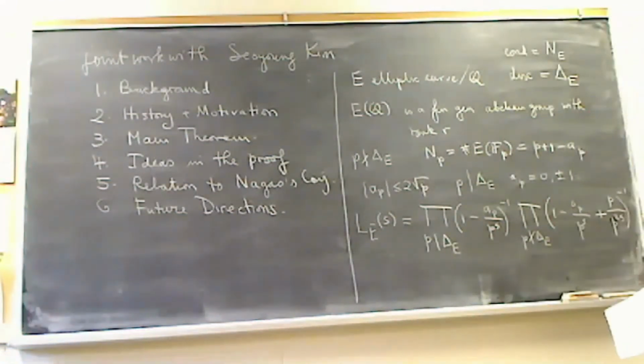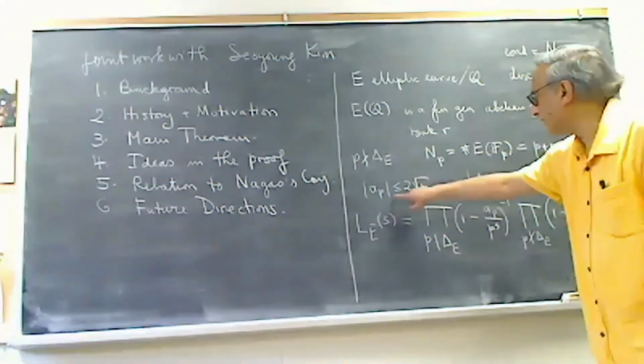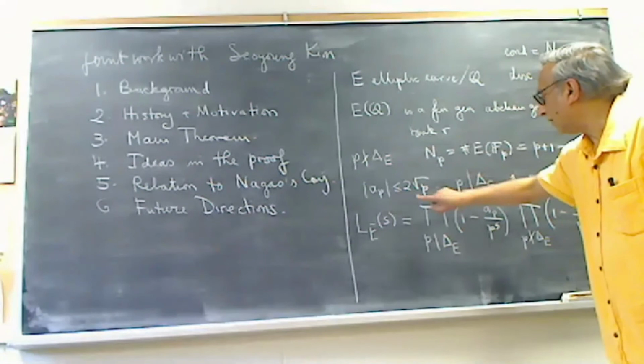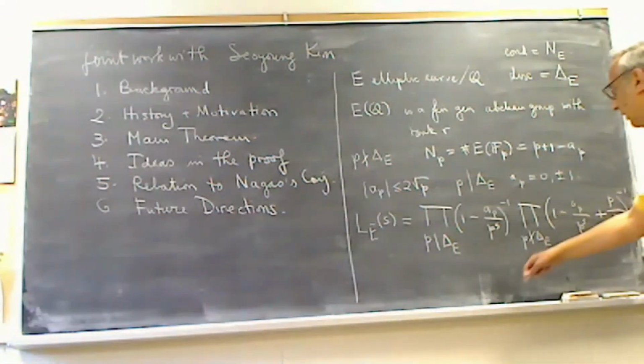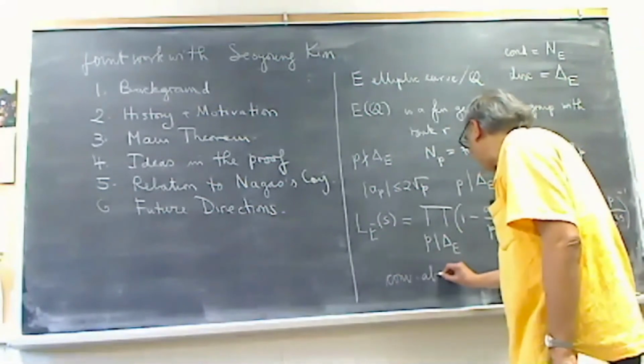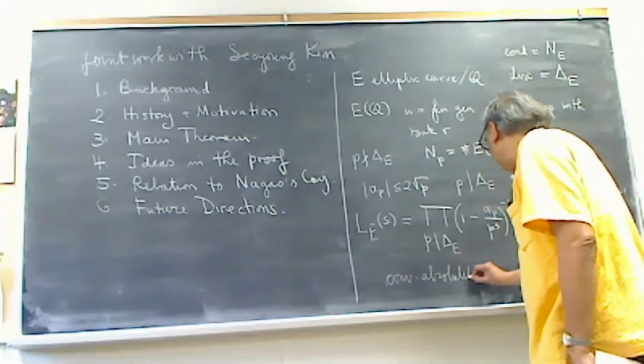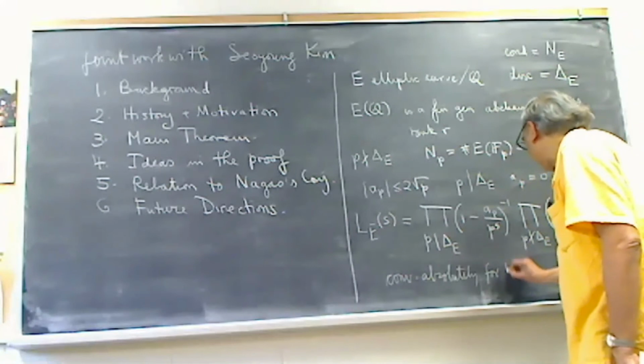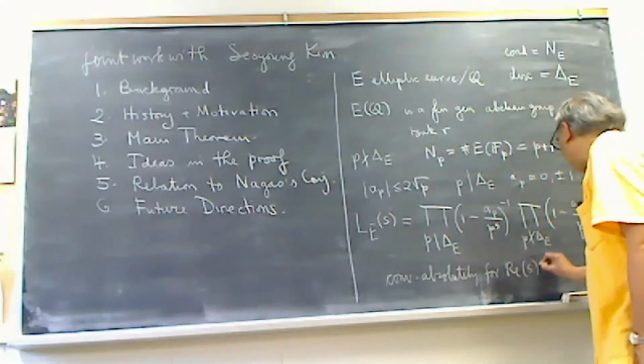Anyway, that's the definition of the L function of the elliptic curve. Because of Hasse's inequality, a sub p being bounded by 2 square root p, this converges absolutely for real part of s bigger than 3/2.